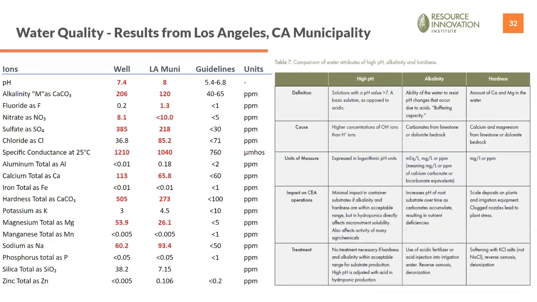So here, for anyone that's using municipal water, I have an example of Los Angeles City municipal water. And you can see that this water is not that much better. Still a lot of very high concentrations. You'll see a lot of red here for these different ions.